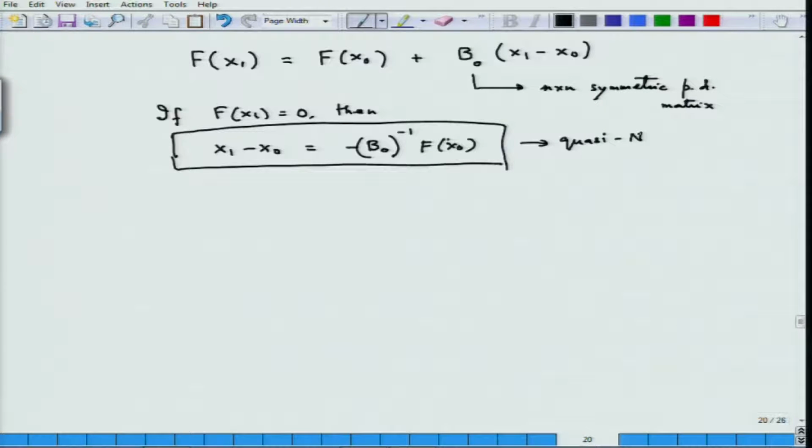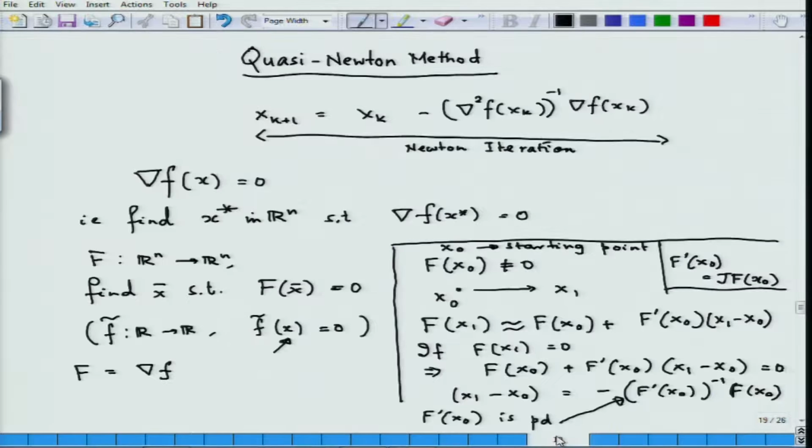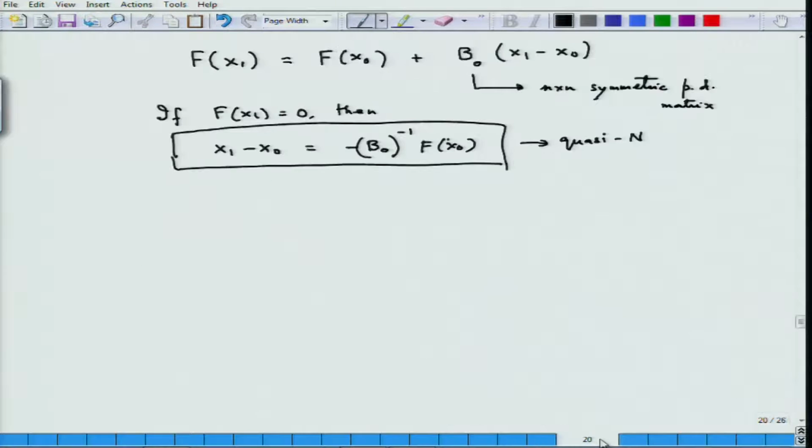I have replaced the Jacobian, because here I needed an invertibility, which I cannot guarantee of the Jacobian every time. So, at every iteration, when I go from x1 to x2, I have to have a new b1 which will be used to make the jump from x1 to x2. So, it is a quasi-Newton scheme for equation solving.